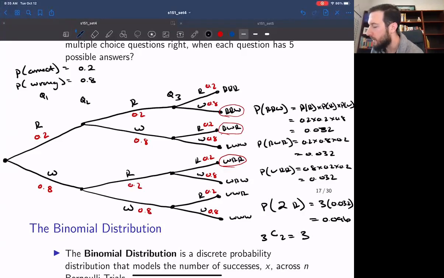So basically, we can take the probability of one of the outcomes of interest in any of the different scenarios, and multiply that by all the ways of achieving that outcome of interest, which we can count using the combinations rule. And that will give us the probability of X successes across N Bernoulli trials.